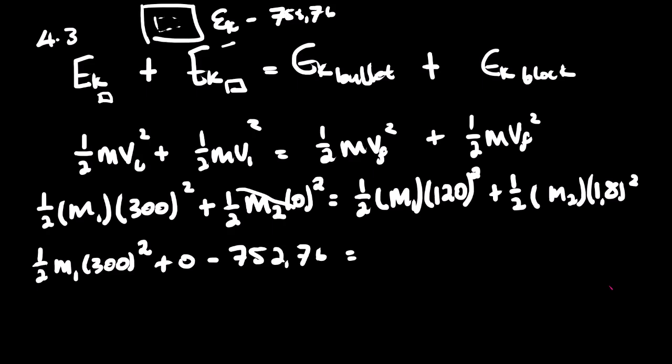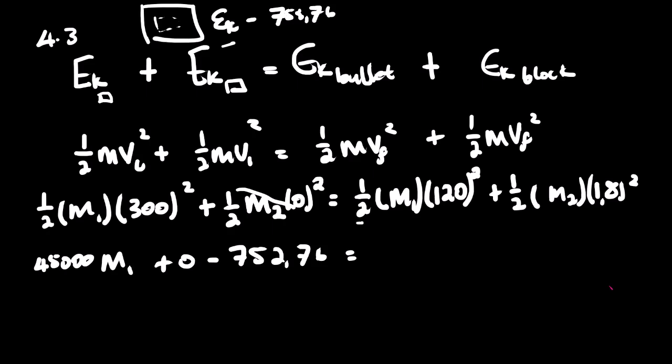well, we can start simplifying. It's half multiplied by 300 squared. We are going to get 45,000 m1. Then let us do the very same thing here.